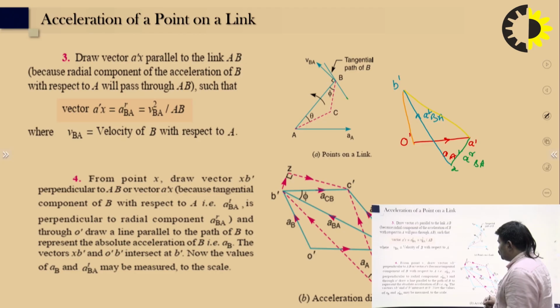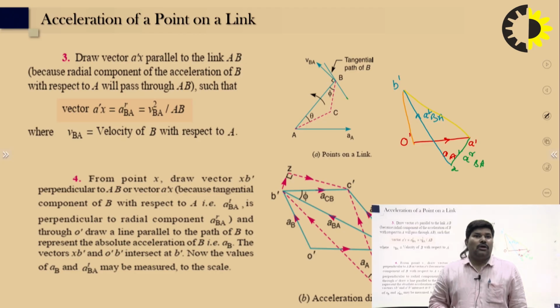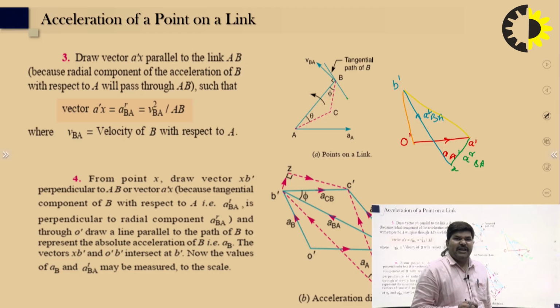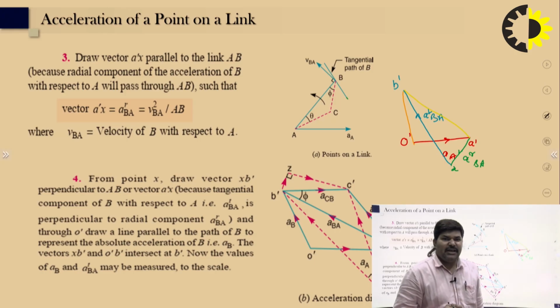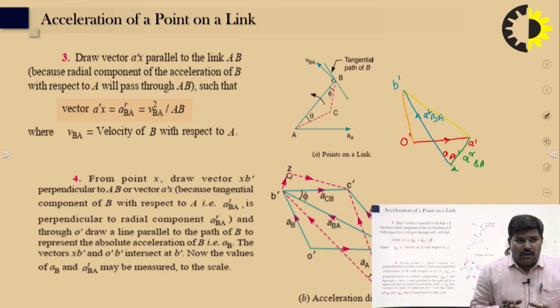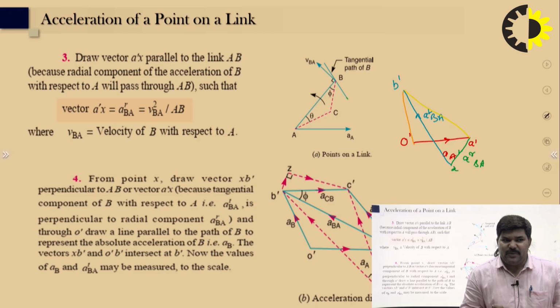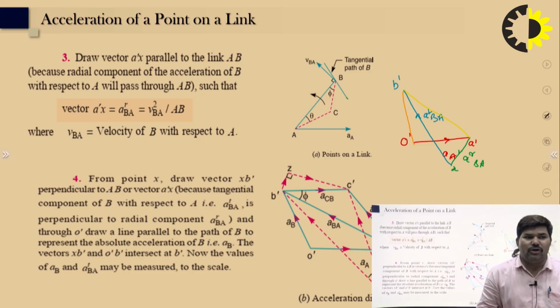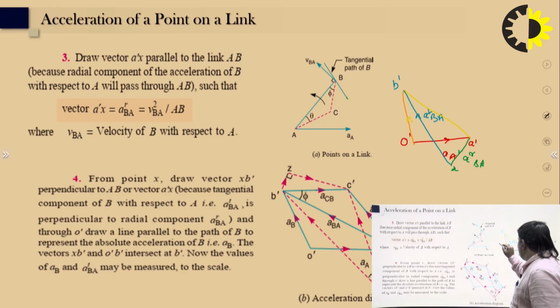From O dash, the line drawn parallel to the path of B represents the absolute acceleration of B.